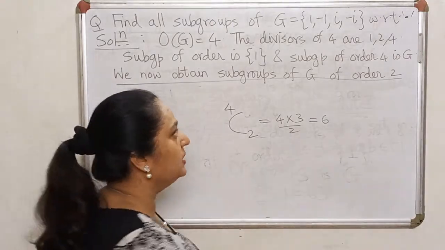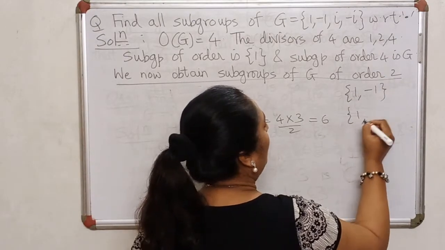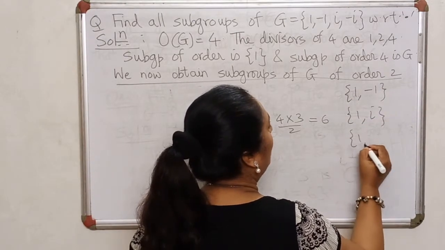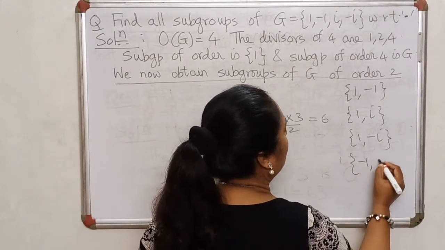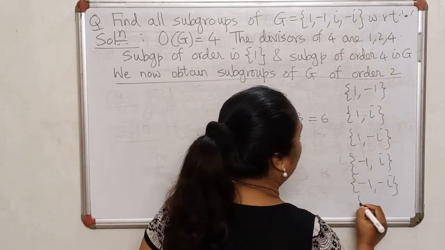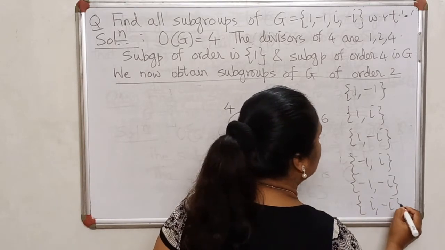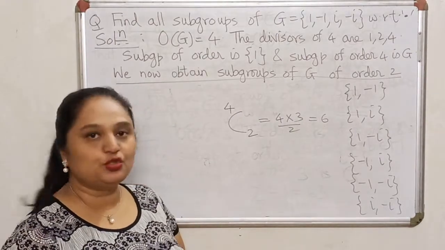If you want, you can list them: {1, -1}, {1, i}, {1, -i}, {-1, i}, {-1, -i}, and {i, -i}. So these are the 6 subsets of size 2.